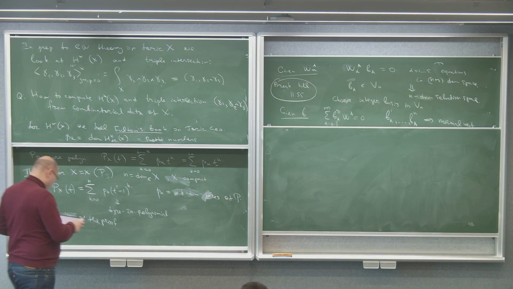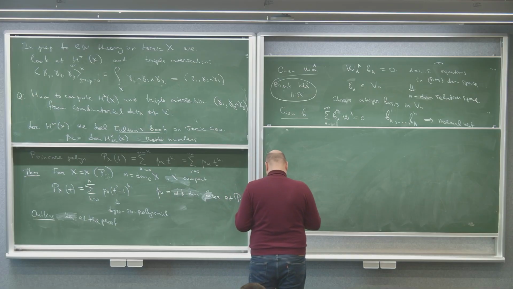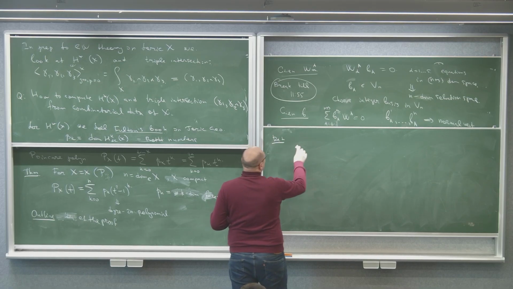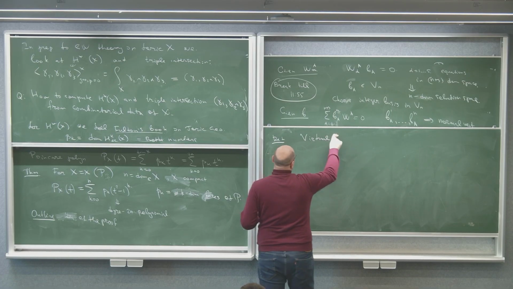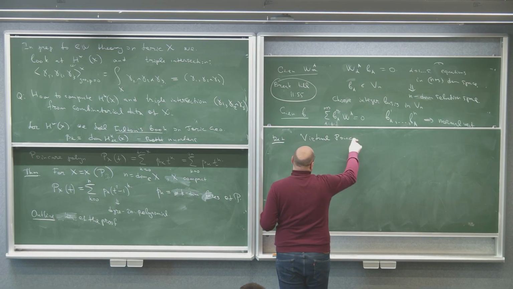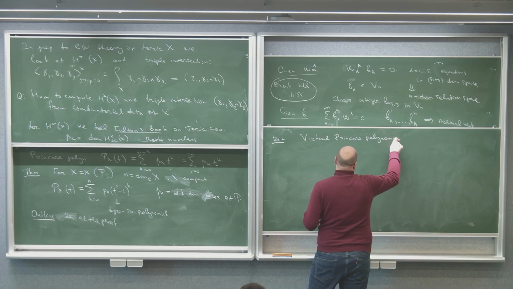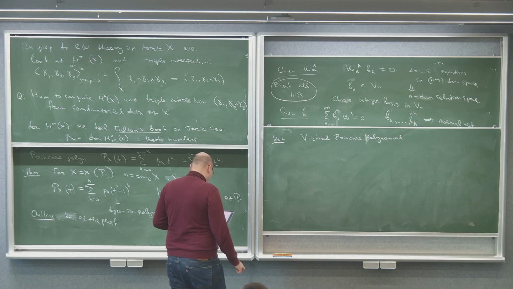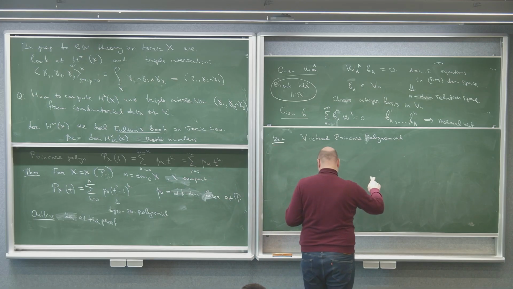So what Fulton did in his book is he started with a definition. He defined the virtual Poincare polynomial, and it has the following properties.